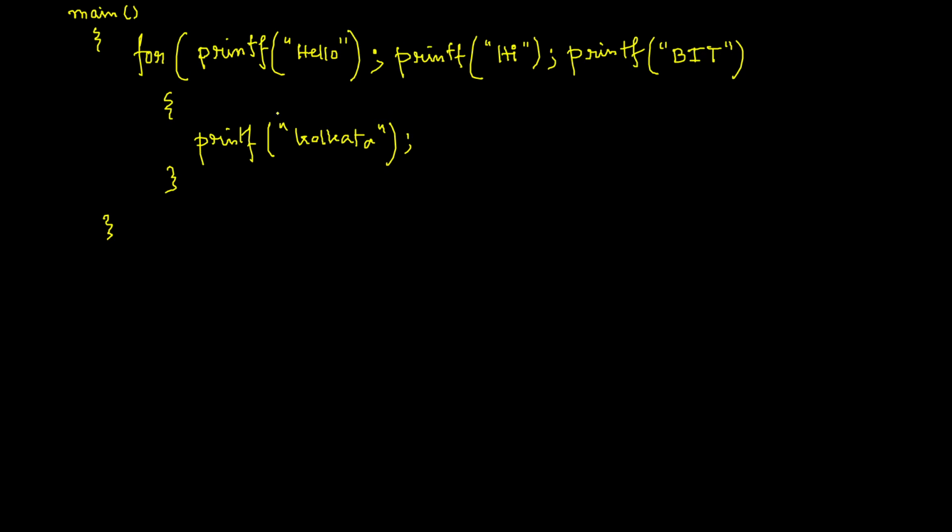Let's take a different color so you can see: this is the A part, this is the B part, this is the C part, and this is the D part. And the order is A, B, C, D, B, C, D, B, C, D, something like this.